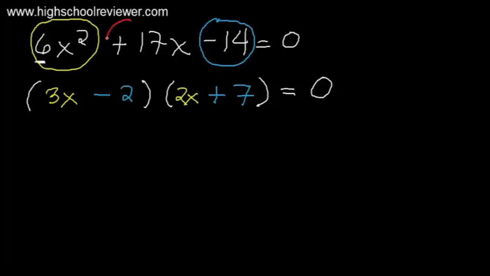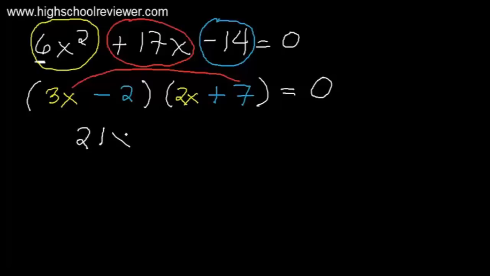To find the sum, we will get the product of the outside and the inside terms. Okay, so we have positive 3x multiplied by positive 7, we have positive 21x.